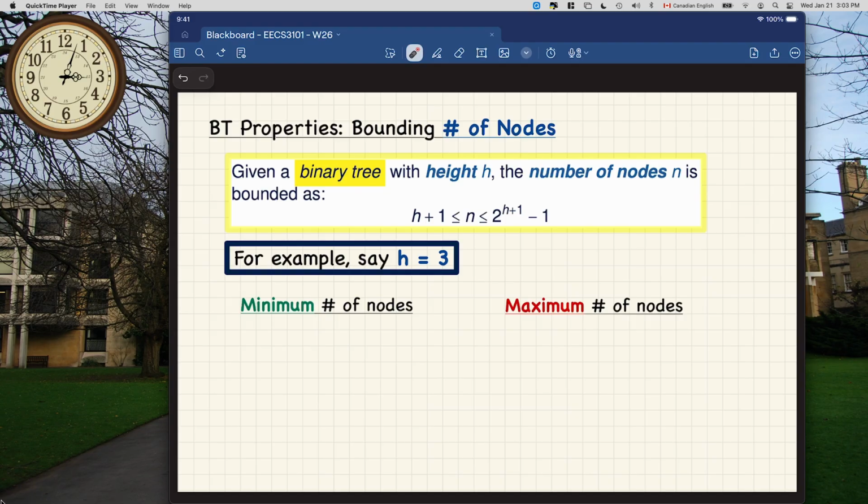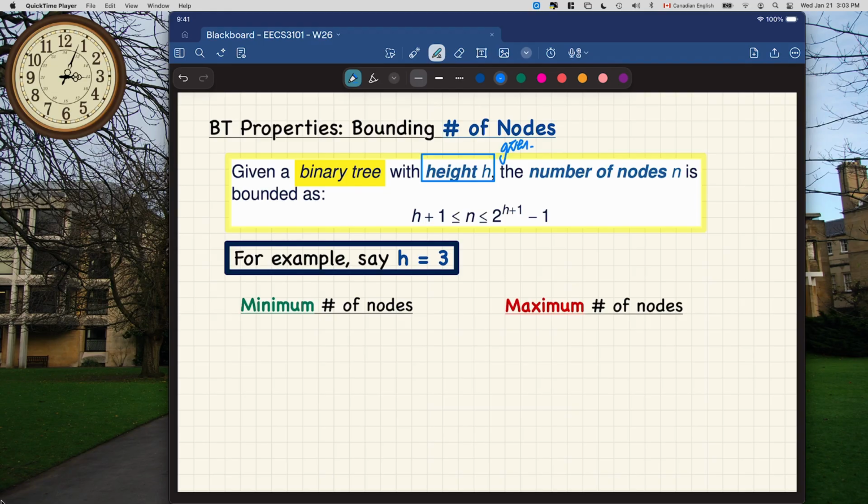So here we say that if you're given h, so the height h over here is given, we want to know the corresponding minimum and maximum number of nodes in the tree, right?